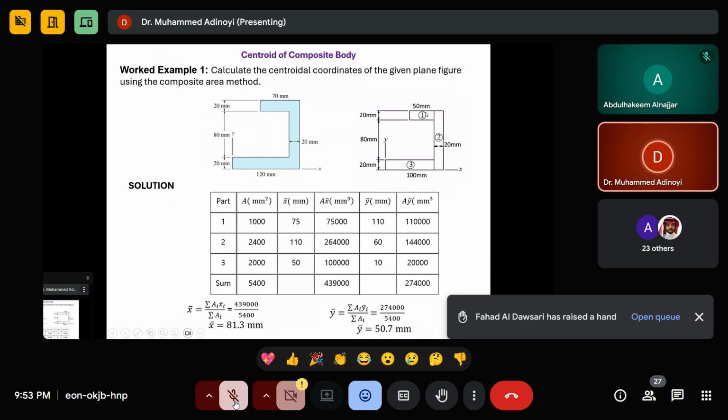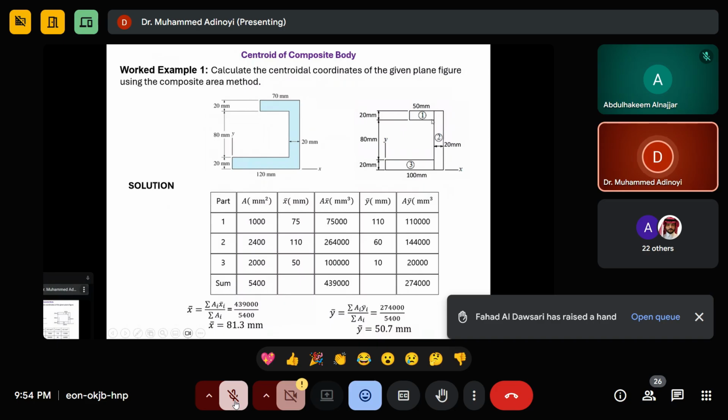So what is the area of this? You know that this is a rectangle. It's going to be 50 multiplied by 20. That's why we have 1000. If it is a rectangle, where will the centroid be? Look at where you orientate your x and y. If my x and y is here, then the distance from here to the edge of this triangle is 100, but this triangle is just 50.